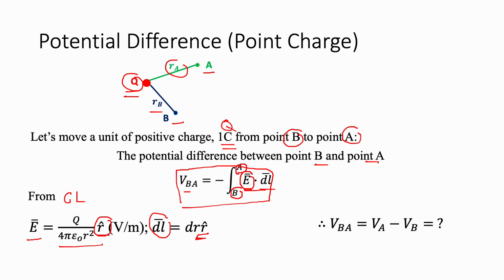If we further calculate, we are able to get VBA equals to, we want to use this equation, negative integration where it starts at RB and ends at RA, and the value of E will be Q over 4 pi epsilon naught R squared in the R direction dot dr in the R direction.